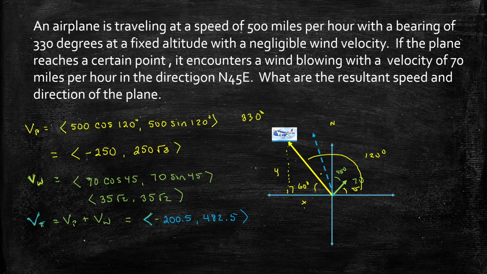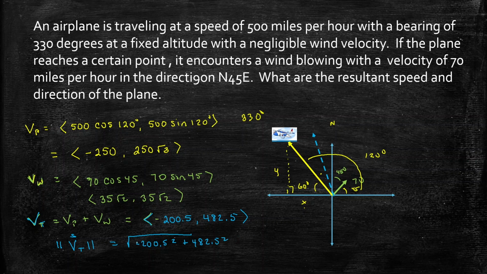All right, so my vector total then, is finding the magnitude of that. From here on out, most of what we do is the same. I want to find the total of this. So I take the square root of negative 200.5 squared plus 482.5 squared.